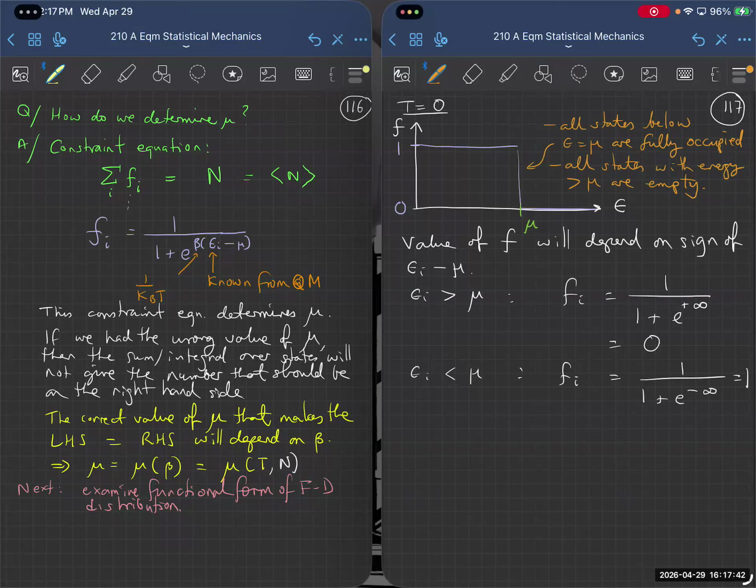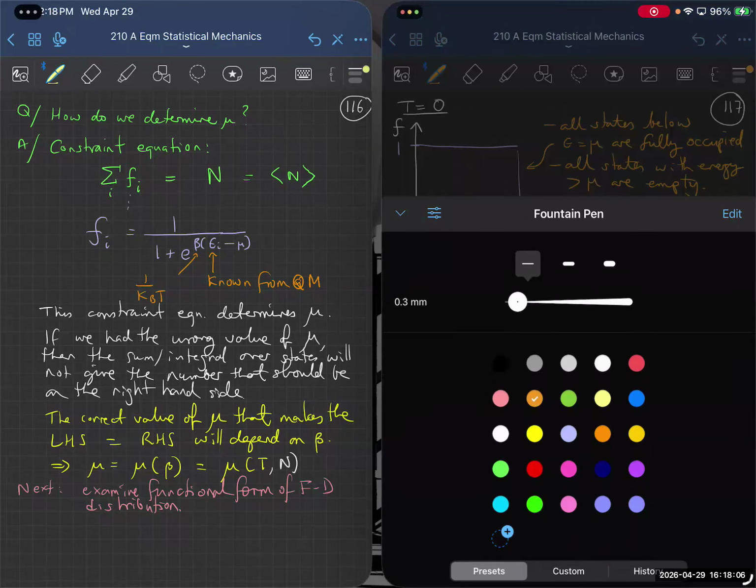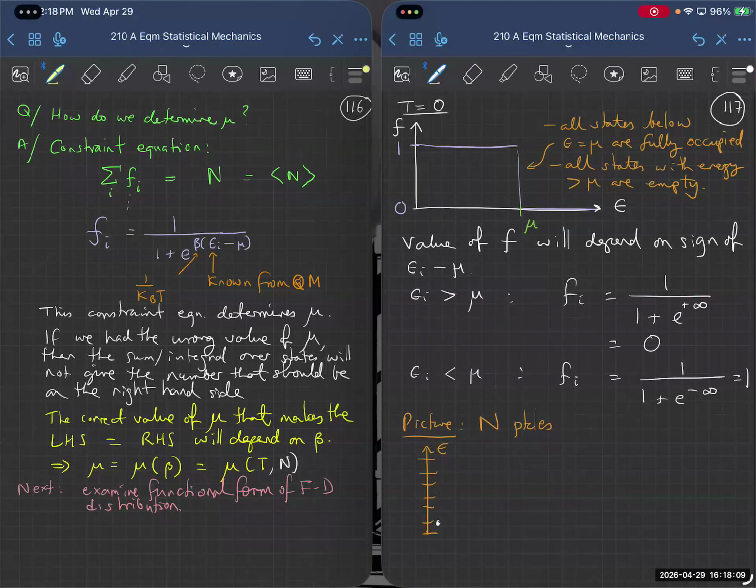So what is happening, the physical picture, is that you have your N particles, your N fermions, and you start putting them into the system. Here let me draw a schematic. Here are the energy levels, whatever they are, like this. Then I get particle 1 and put it in here, particle 2 I put it in here, particle 3 I put it in here, all the way up to the Nth particle in this state here.